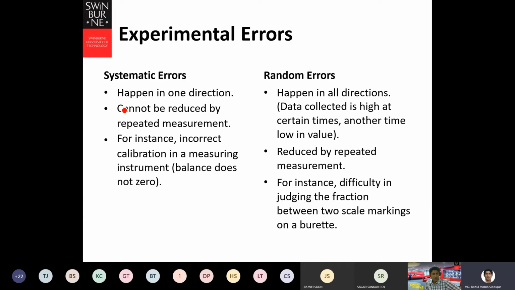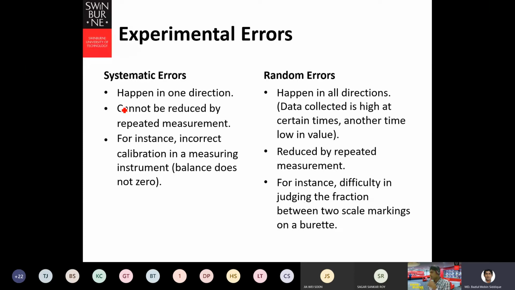So sometimes we take the value, you go and measure with a balance, right? You measure and find it 5.05 gram. Another time you take it, it might be 5.55 gram.